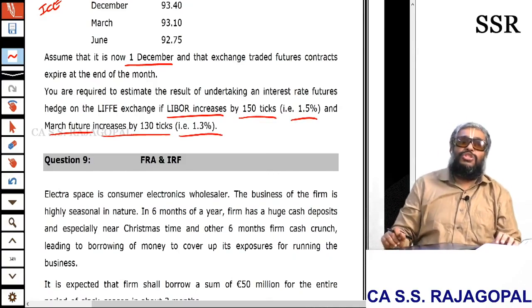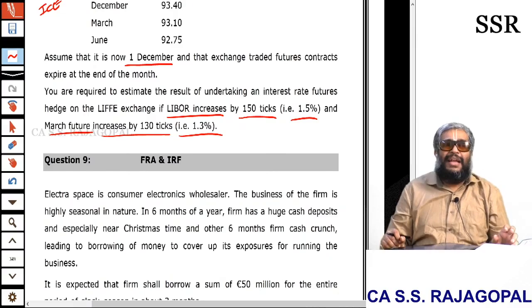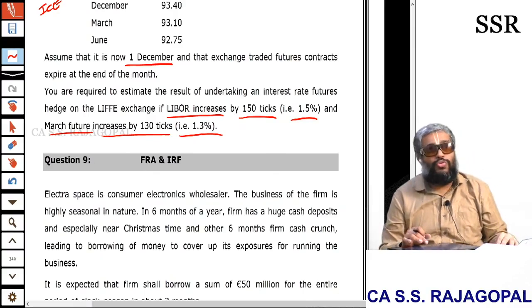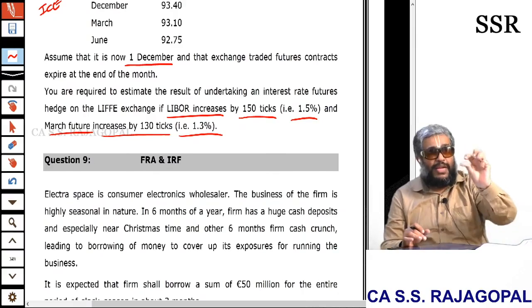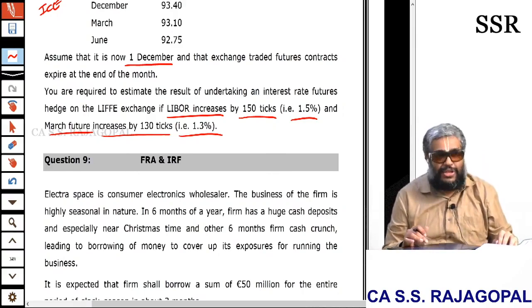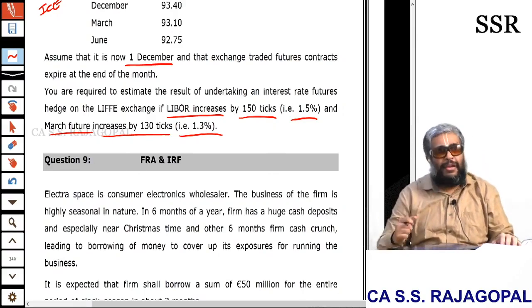This is a question that has been asked. Friends, I will just give you 2 minutes time. Go through the question, see whether you are able to develop the IRF hedging strategy. If not, I will be doing it together with you.